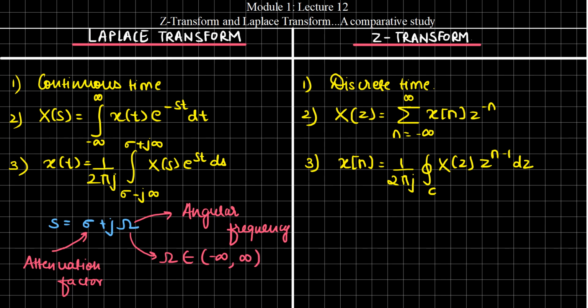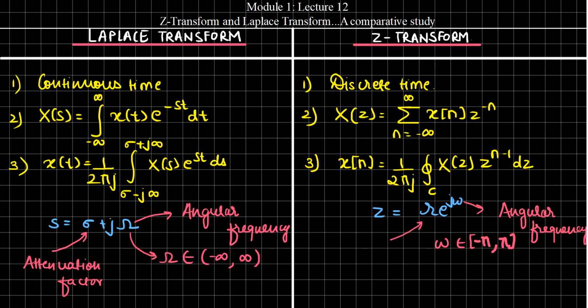And if we look at this term z, it is given as z equal to r into e to the power j omega, where again this omega is the angular frequency, but with a limited range of omega belonging to minus pi to pi.